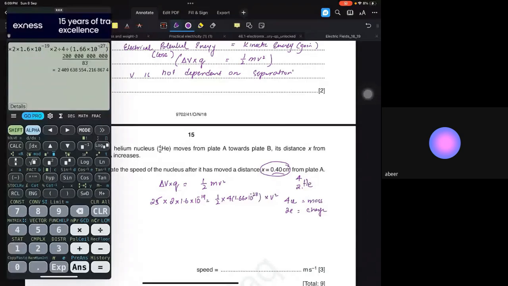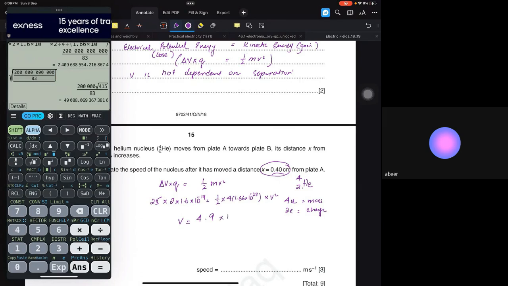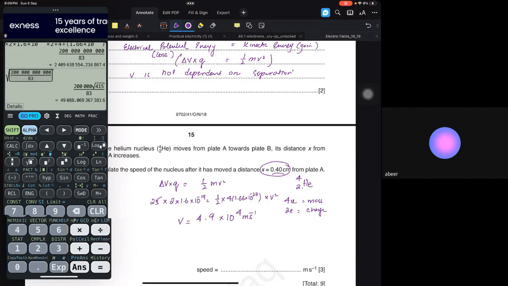And then we have to take the square root. So the answer, oh my goodness, that is a huge answer actually, which is 4.9 times 10 raised to the power 4 meters per second.